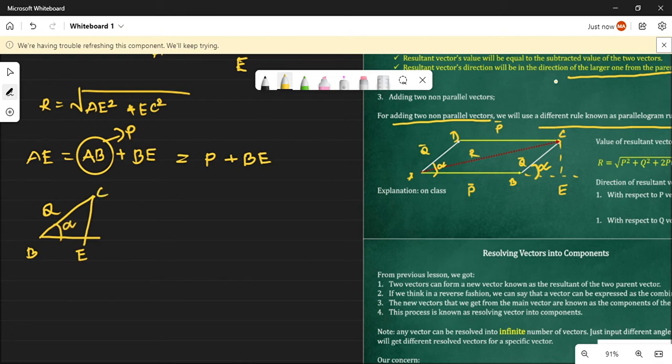This is the perpendicular, this is the ground, and this is the hypotenuse. So from the trigonometric rule, sine alpha is equal to CE divided by, okay, sorry, not sine, it will be cos.